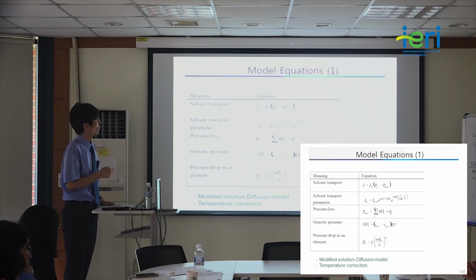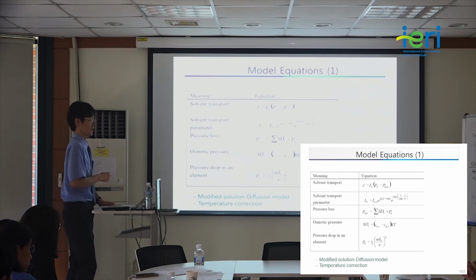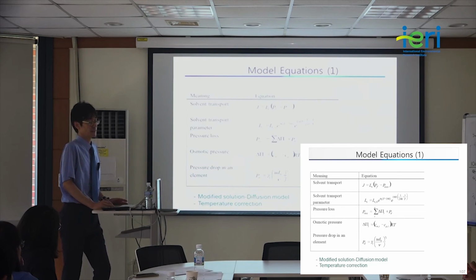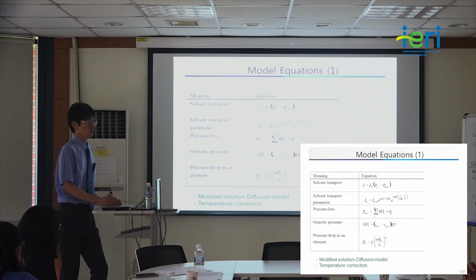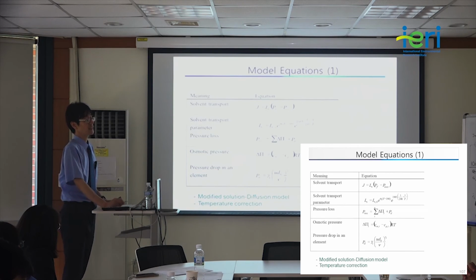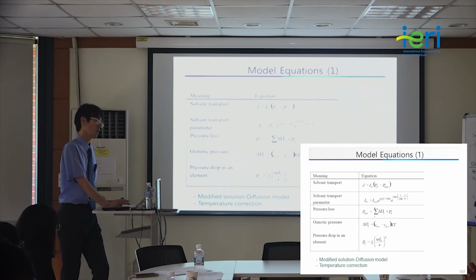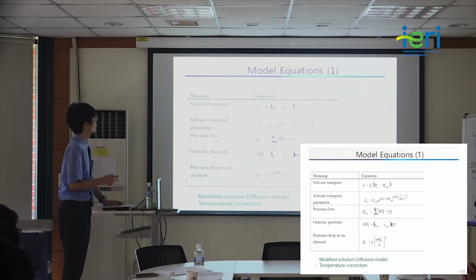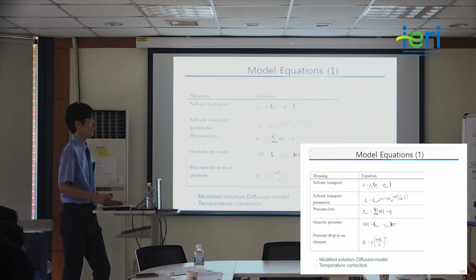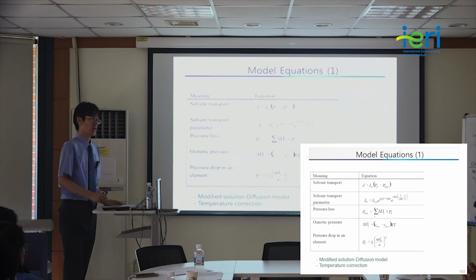First of all, when we introduce the theoretical model, since this is the membrane system that separates water from salt, there should be at least two parts: the first equation for water transfer and the second equation for salt transfer. This is the equation for water transfer, and although it looks very complicated, it's a very simple equation.